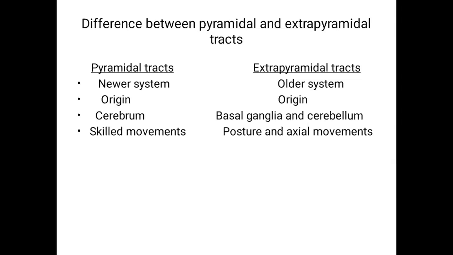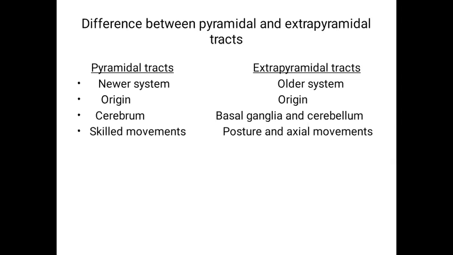In terms of origin, the pyramidal tract originates mostly from areas 4 and 6, whereas extrapyramidal originates mainly from area 6 of the cerebral cortex as well as from subcortical structures like the red nucleus, vestibular nucleus, tectal nucleus, olivary nucleus, and reticular nucleus.